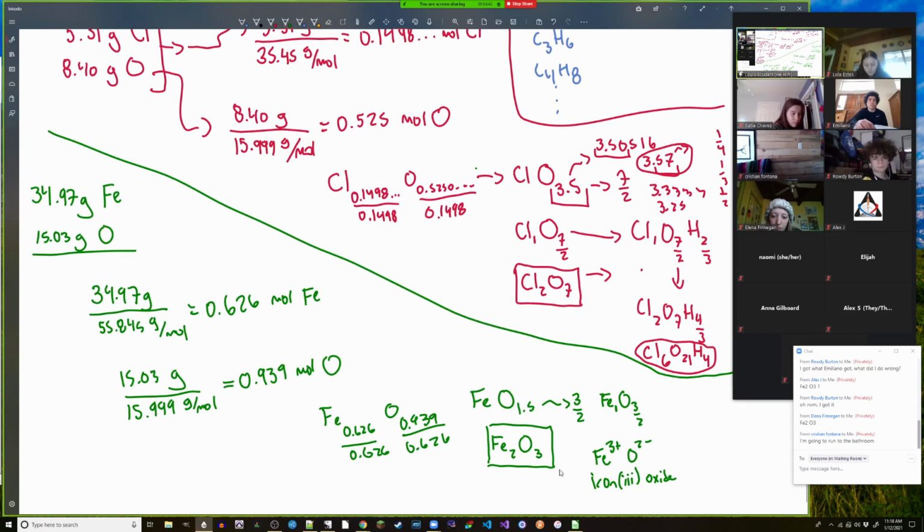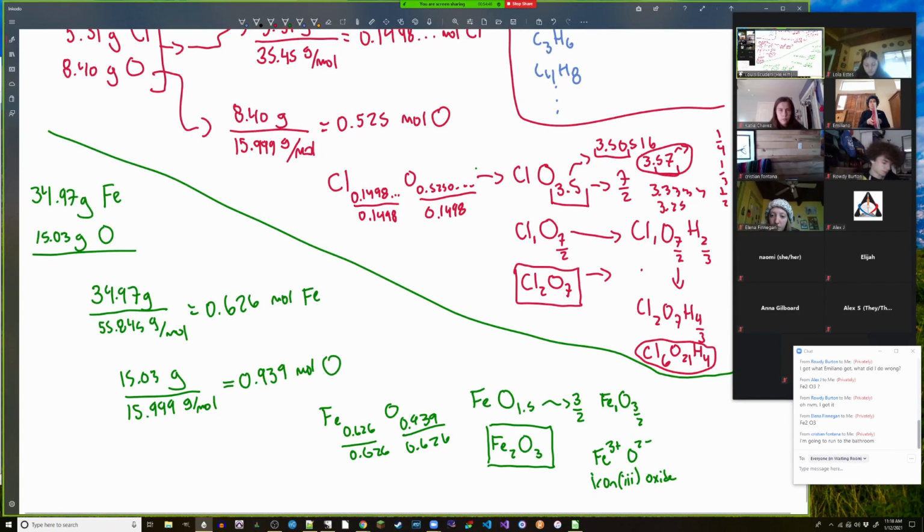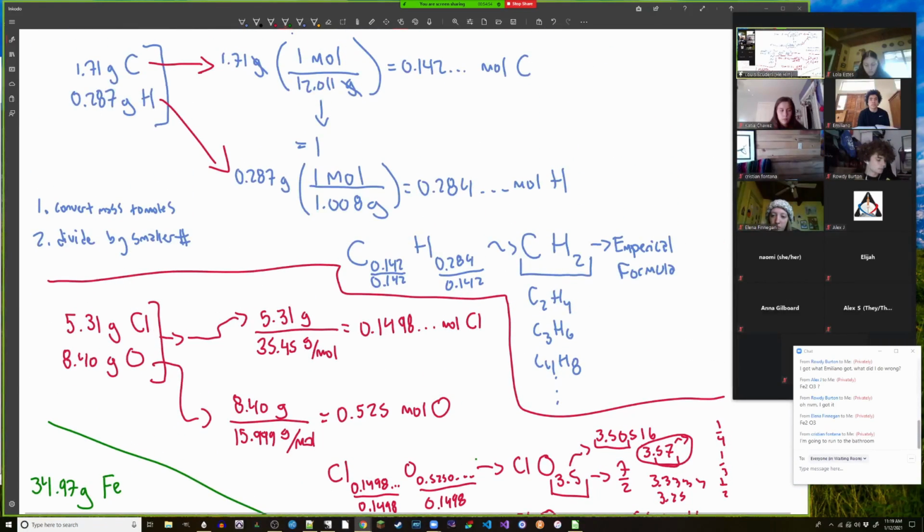So we can get to this empirical formula, right? We're calling these empirical formulas because they could be any number of these things. But there is a way to get to the actual formula.